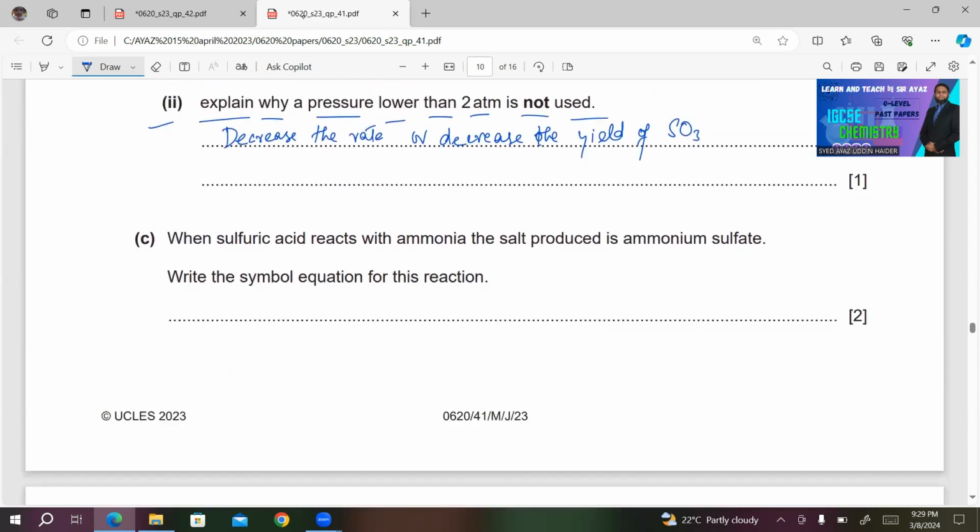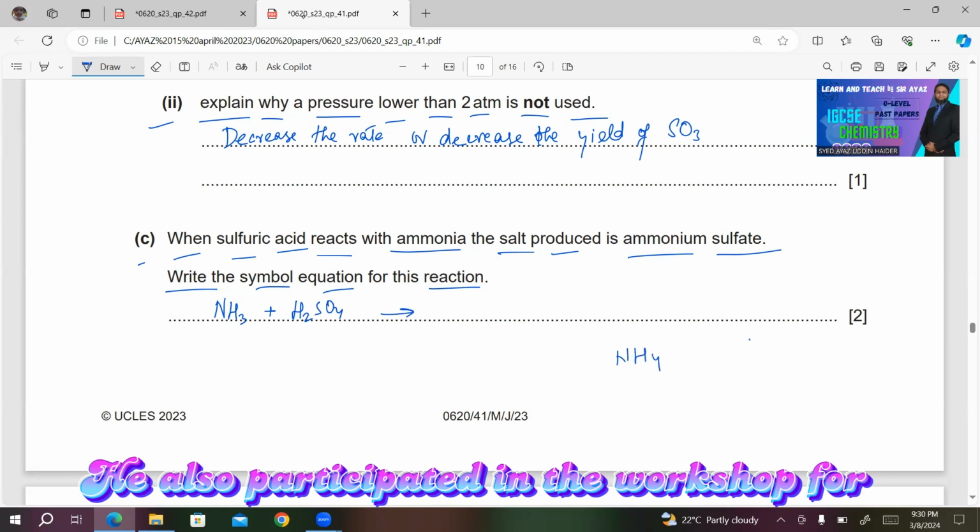C. When sulfuric acid reacts with ammonia, the salt produced is ammonium sulfate. Write the symbol equation for this reaction. We have ammonia, NH3, and sulfuric acid, H2SO4. The product is ammonium sulfate. What will be the formula of ammonium sulfate? This is the ammonium ion, NH4, and the sulfate ion, SO4.